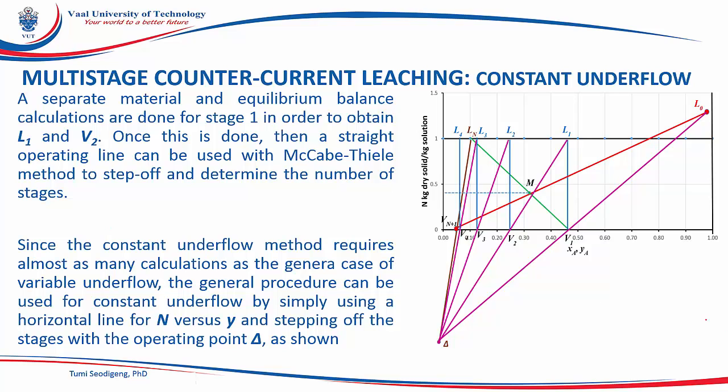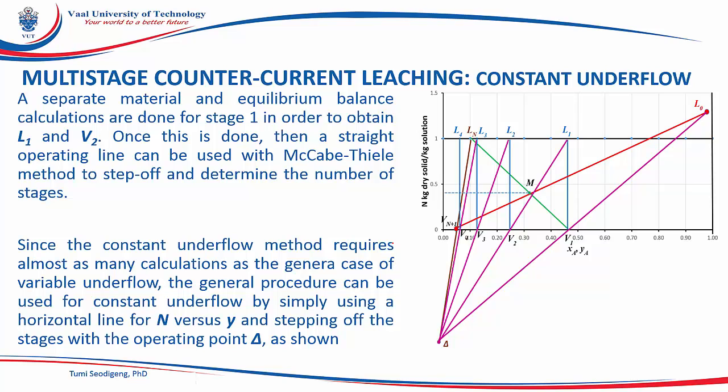Here, the only thing that will be different from what we have done in the variable underflow is that this line is now a straight line. So you will carry on with the calculations similar to what we have done in the variable underflow.